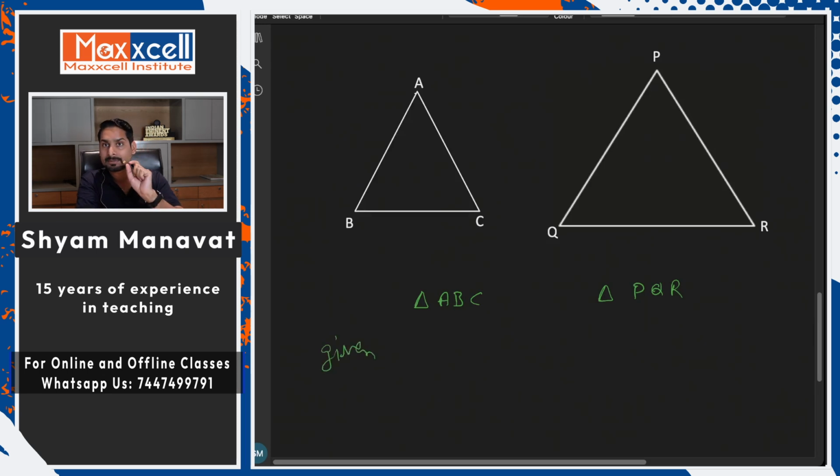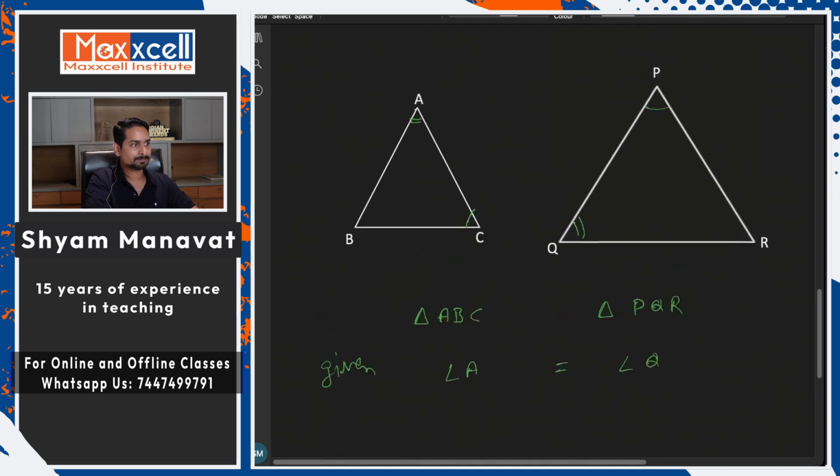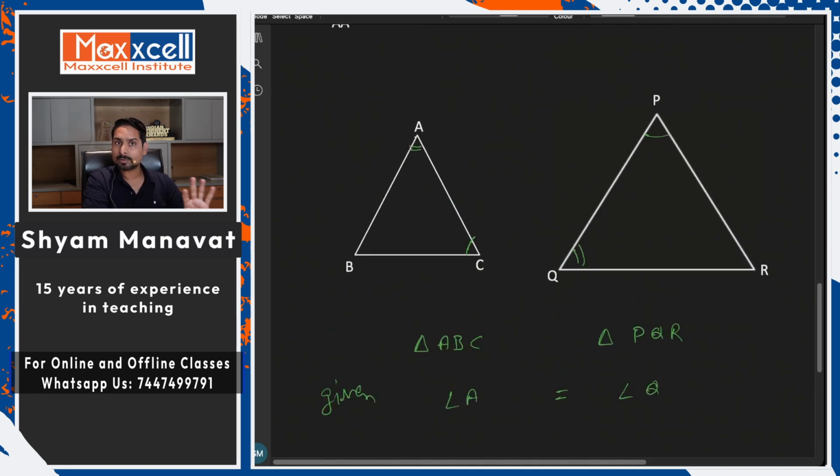Now tell me one thing, the sum of all three angles of a triangle is equal to 180 degrees. So if two angles are equal, then the third angle has to be equal. Think about this. If I take angle A equal to angle Q, and angle C is equal to angle P, so two angles are equal.